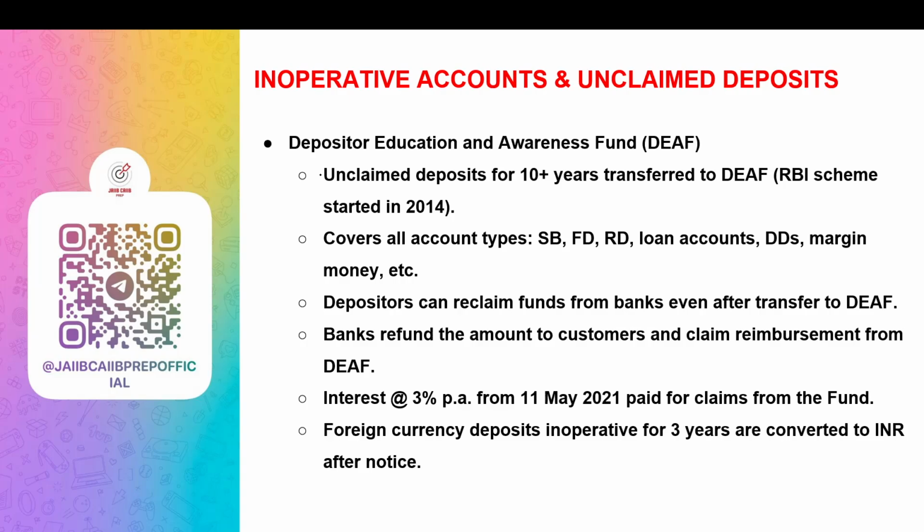Savings account, current account, FD, RD, overdue demand draft, pay order, mail transfer, telegraphic transfer, unused balances in prepaid cards, pending NEFT or RTGS credits, and foreign currency accounts which are converted to INR. All of them are covered under this fund. Some key points: money must be transferred within 3 months after 10 years of inactivity.